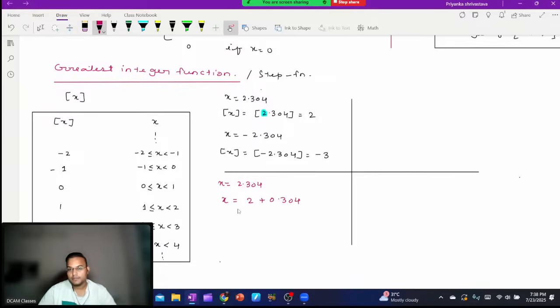This is known as [x], and this is your fractional part. So any value of x you can write in this form, [x] plus its fractional part.